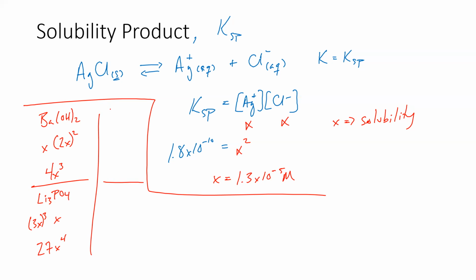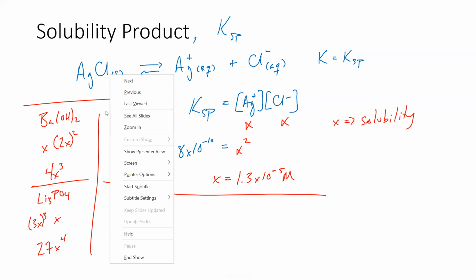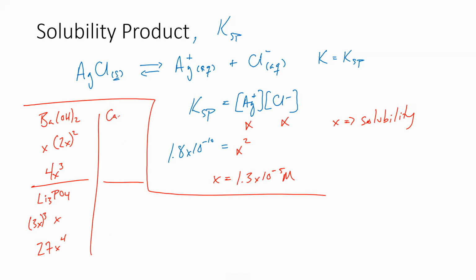If you have a 2-to-3 ratio, so let's say it's calcium phosphate, you end up with 3x cubed times 2x squared.